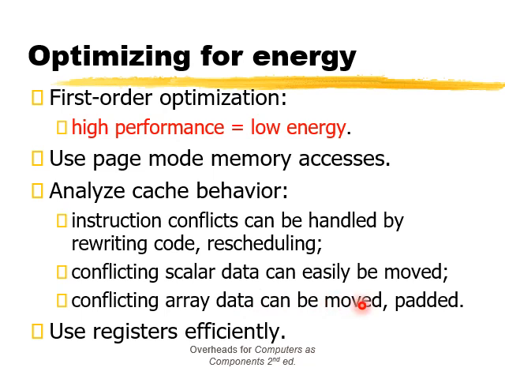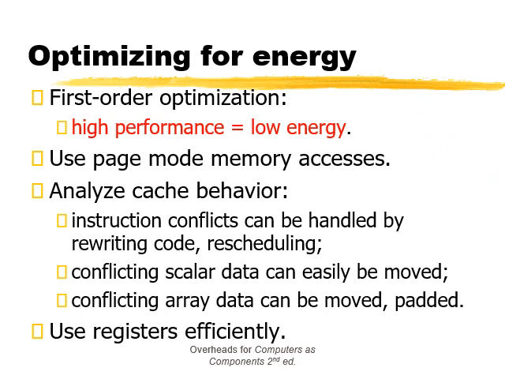So we can move one of the arrays, or do array pairing. We can also use registers efficiently: if we have a limited number of registers, once a register is released by some operation, we can use it again, so we reuse registers.